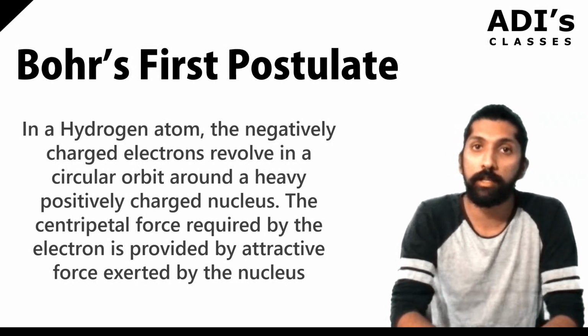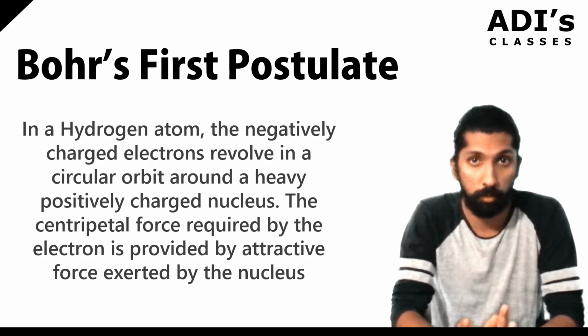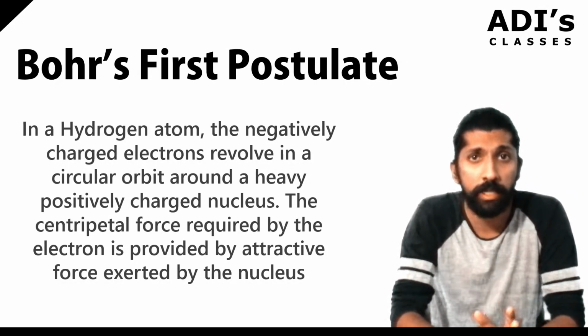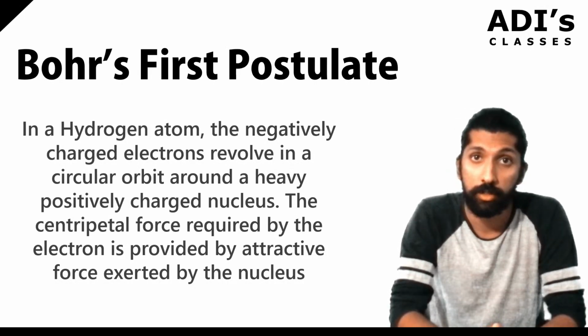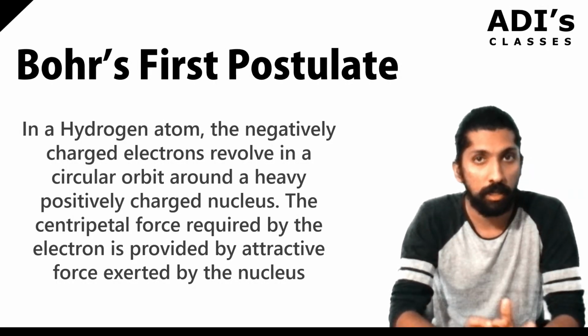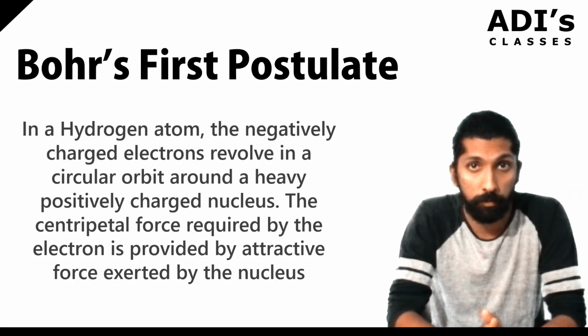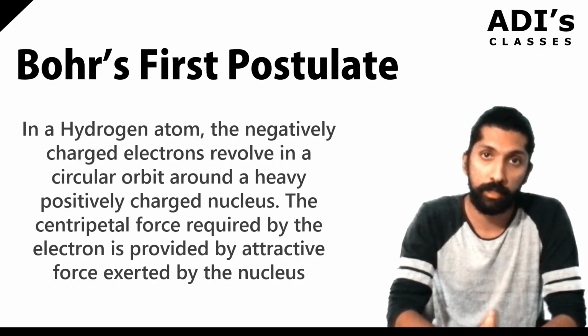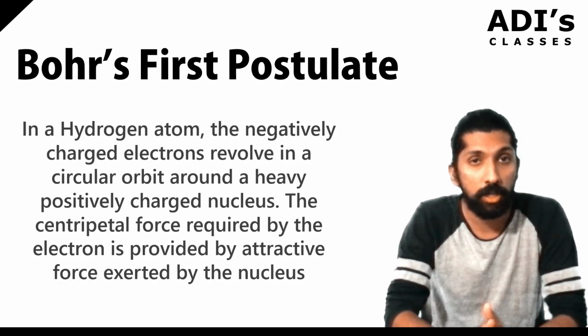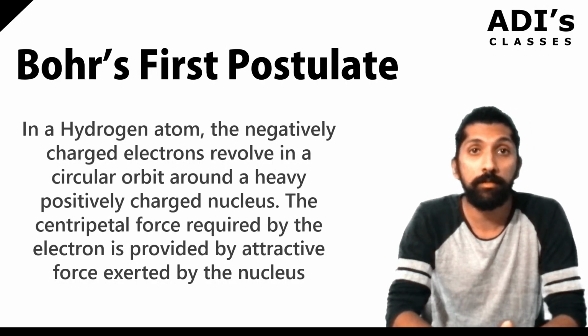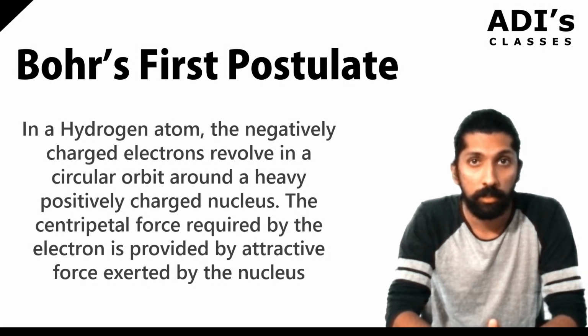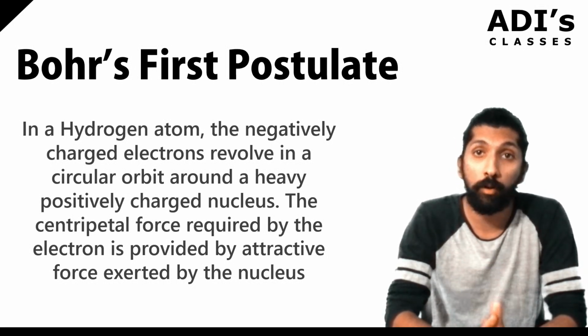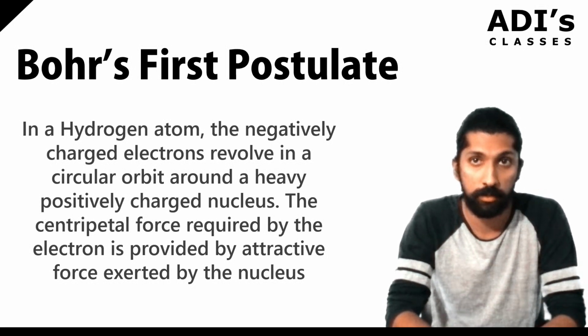One important thing is, whatever postulates Bohr has given, we need to recreate the same thing. That cannot be changed. So again, the first postulate of Bohr: in a hydrogen atom, the negatively charged electron revolves in a circular orbit around the heavy positively charged nucleus.